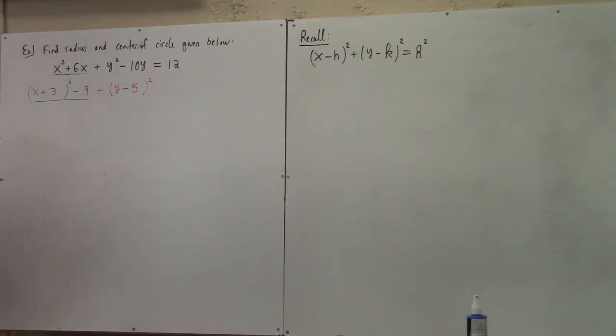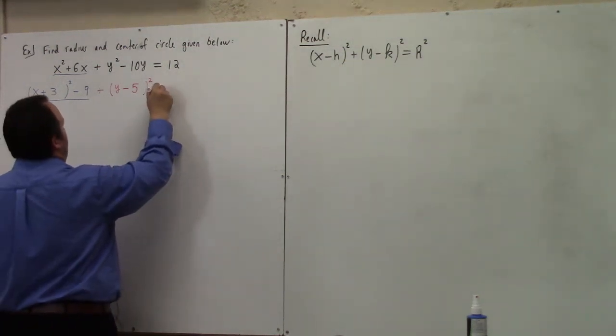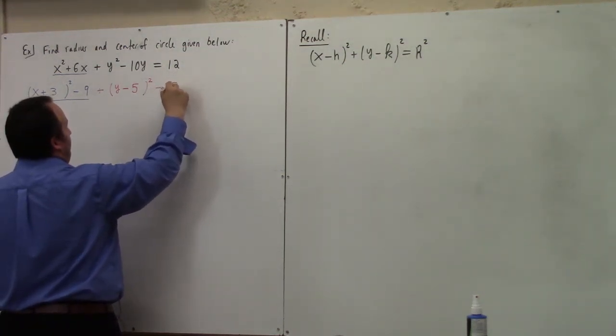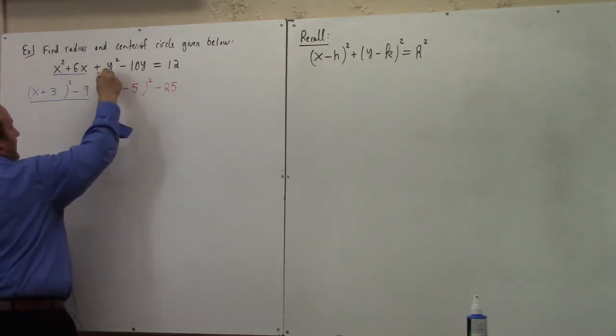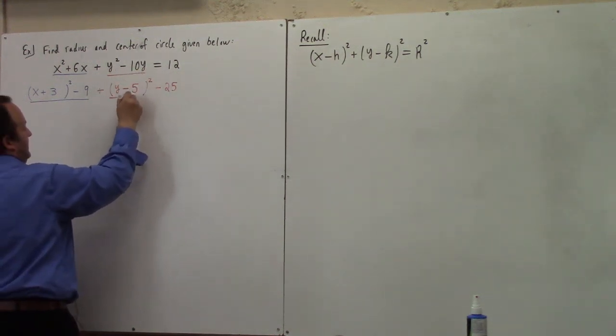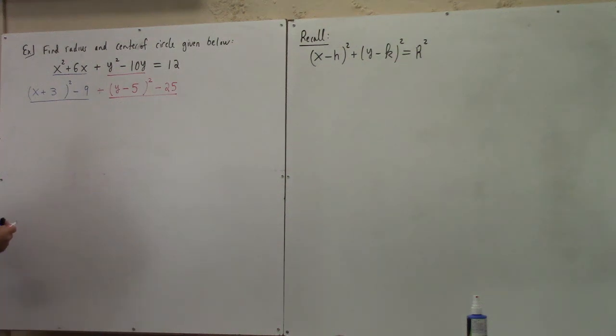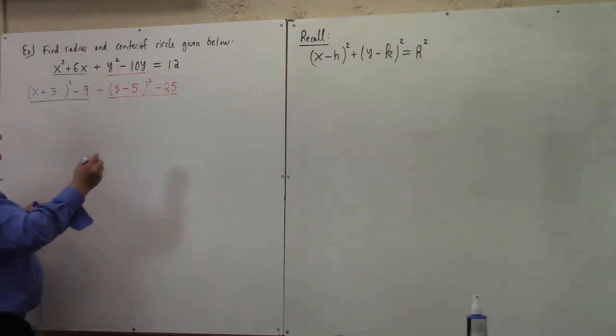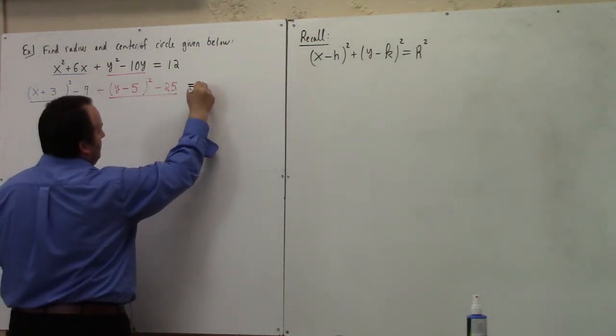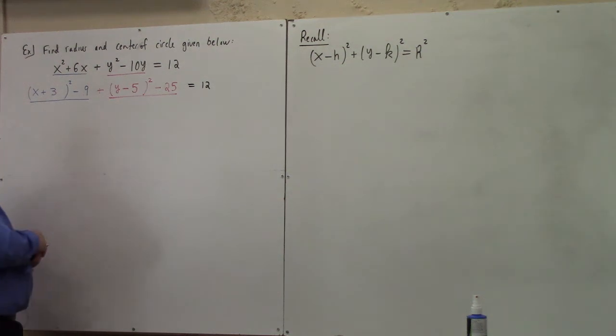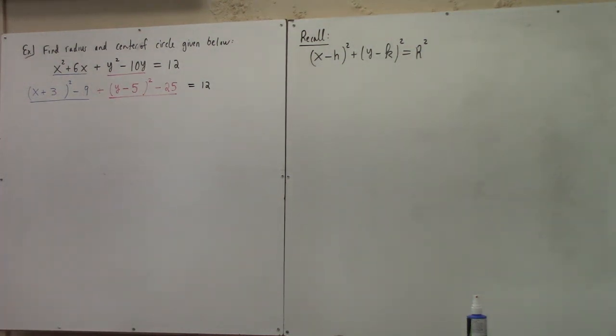To be fair, I have to subtract 25. All right. And that is exactly equal to what's underlined in red above. And now all of that's still equal to 12, right? That was neat. I like that.